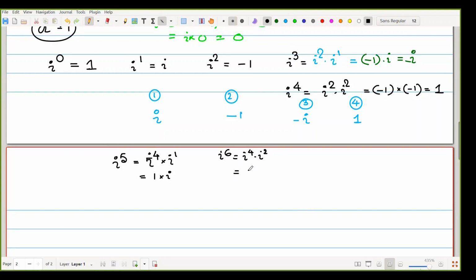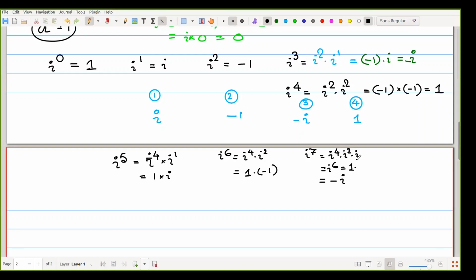So that means i to the power 4 means 1, i square means -1. i to the power 7, that means i to the power 4 into i to the power 2 into i, or i to the power 6 into i. That means it can be written as -i, because check here, the first one i to the power 4 means 1, i square means -1.